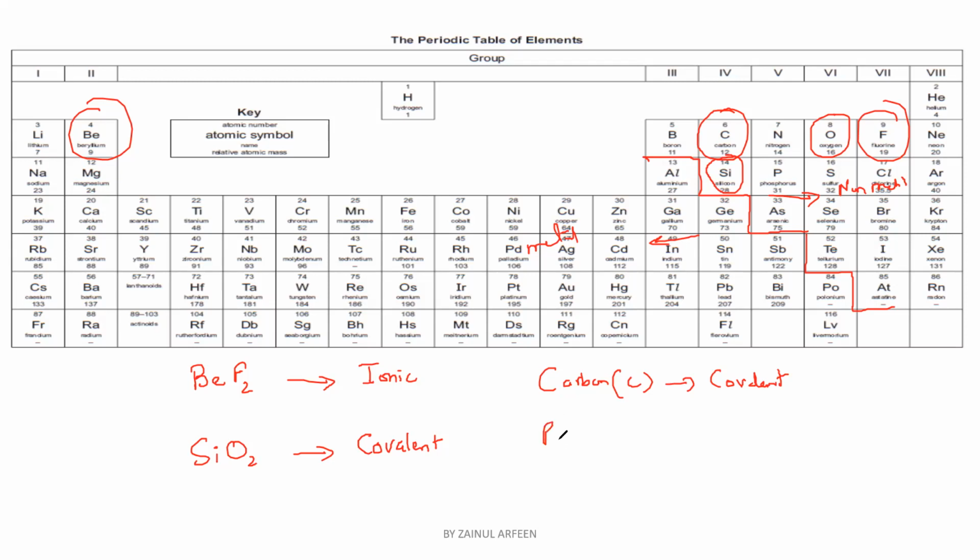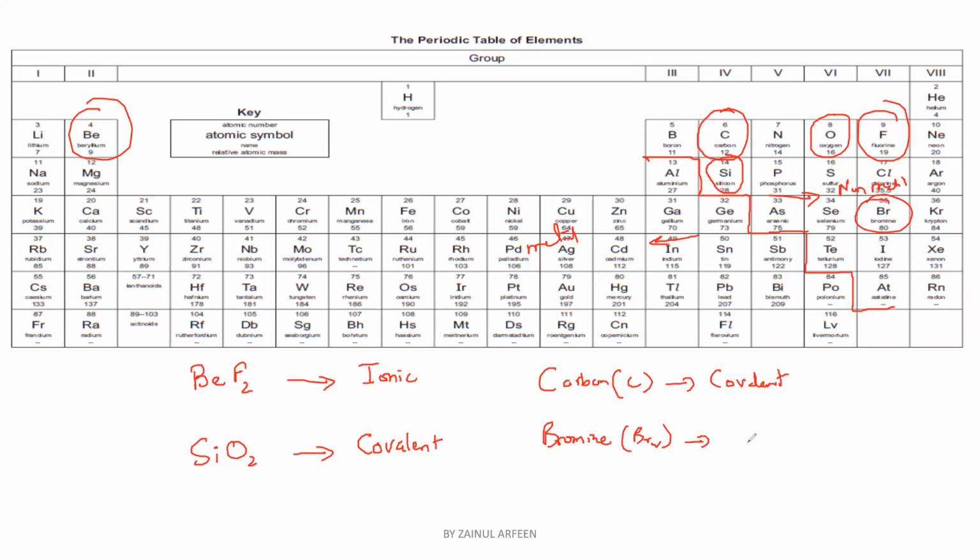If I say bromine, Br2, what kind of bonding is there inside bromine? Bromine is on the right hand side, and on the right hand side we have non-metals.